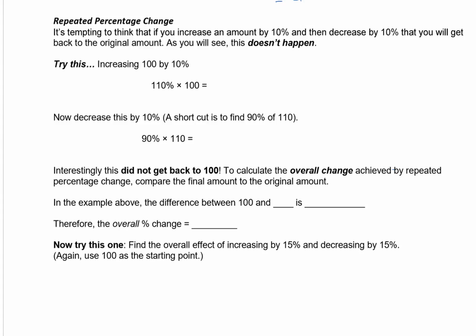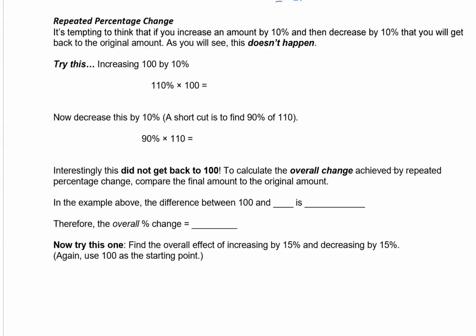So, for example, if you were going to add on 5%, then add on another 5% after that, so adding on in total a 10%, then you might think that overall that will be what has happened. So adding on 5%, taking that and adding on another 5%, actually does not give an increase of 10% from the beginning.